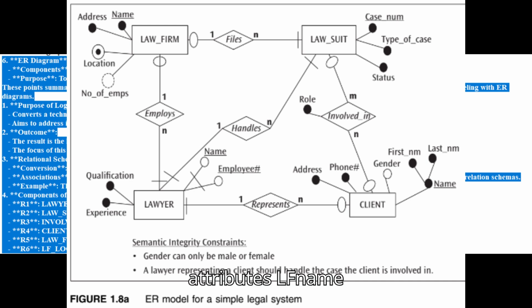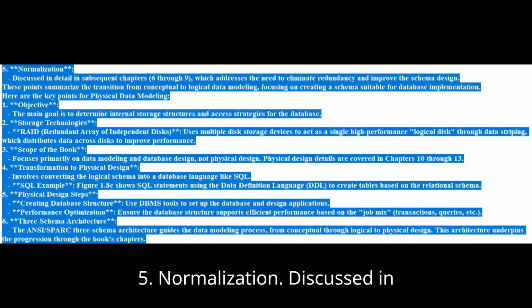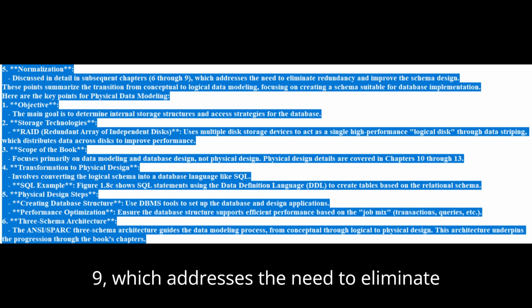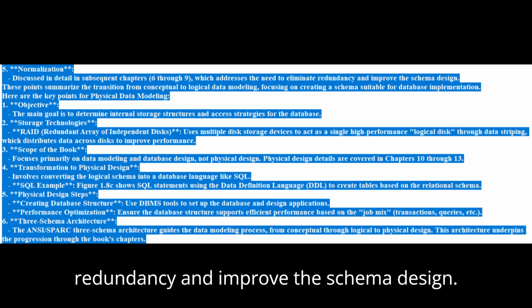Attributes: lf_name, lf_address. 6. lf_location. Attributes: loc_lf_name, loc_location. 5. Normalization. Discussed in detail in subsequent chapters 6 through 9, which addresses the need to eliminate redundancy and improve the schema design.